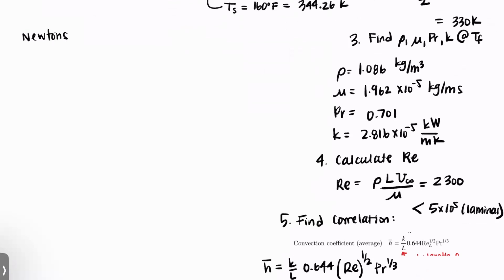Newton's law of cooling is little q dot, which is capital Q dot over A, is equal to H bar times Ts minus T infinity.